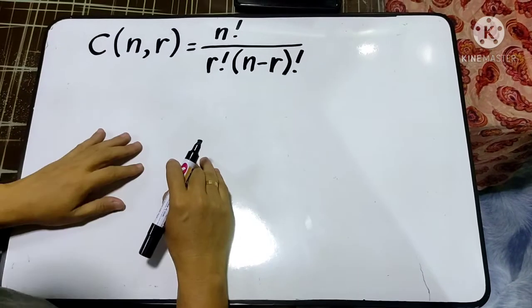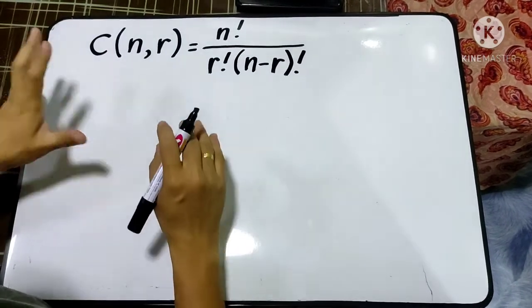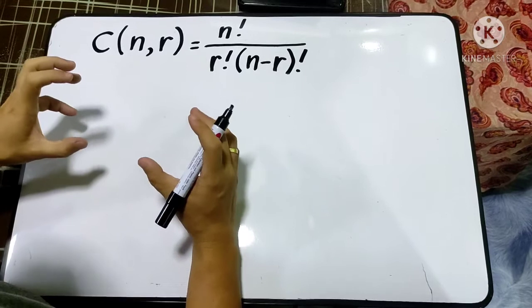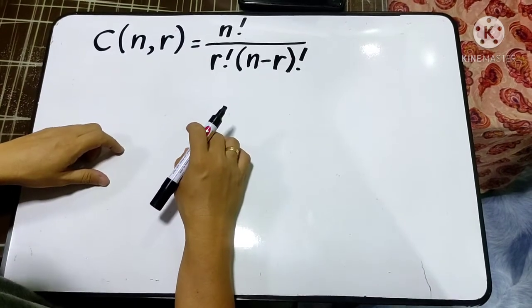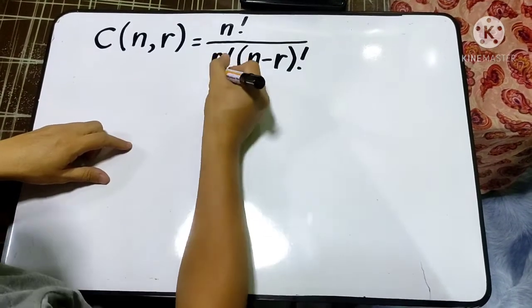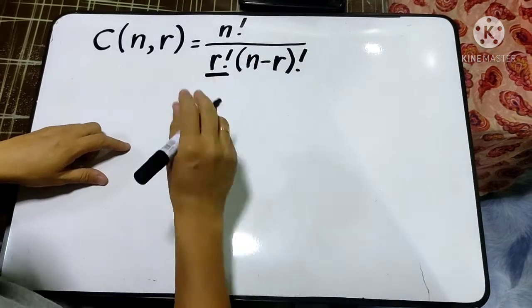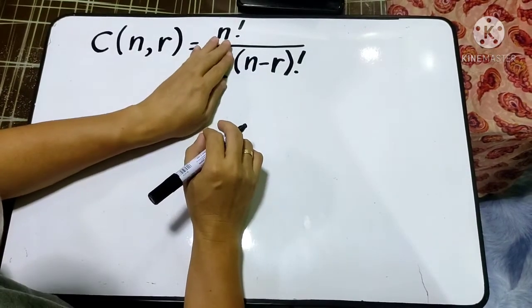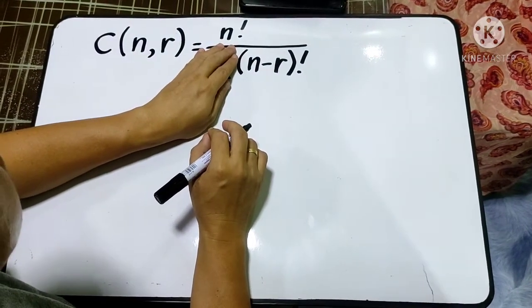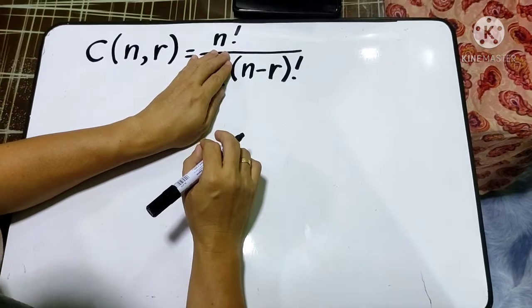So you have noticed that the formula is quite close to that of permutation. Nagkakaiba lang sila dito. Sa permutation, you have n factorial over the quantity of n minus r factorial.